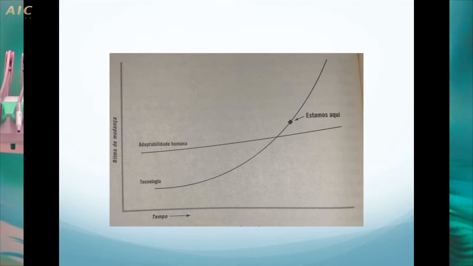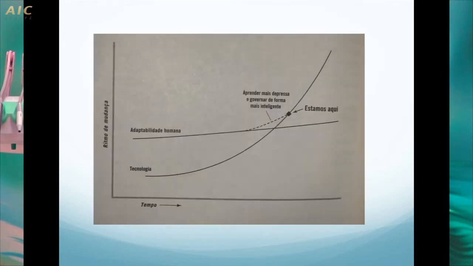But still, we are a little bit behind our human adaptability. So how can we get there? There are two things we have to do. We have to learn quickly, and our governments should rule smarter. Those are the two ways we can catch up to where we are now.